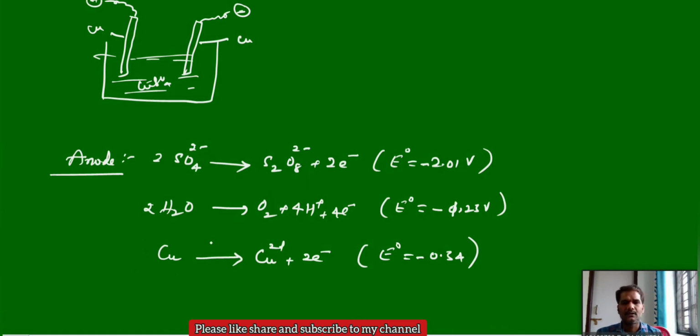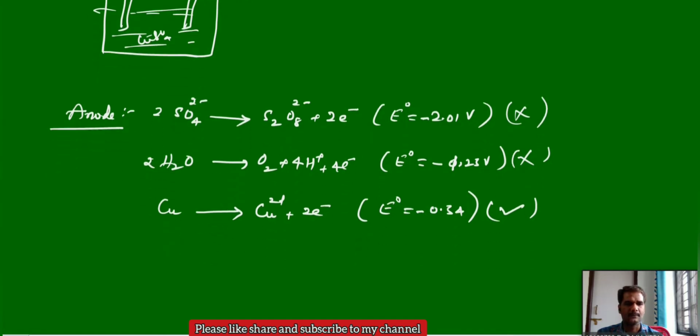As we know, the ion or electrode having the higher oxidation potential value undergoes the chemical reaction. Here, compared with minus 2.01 and minus 1.23, this is minus 0.34. So in this case we have the higher oxidation potential value, and this reaction can take place preferably at the anode instead of the first two reactions. Means, instead of liberating oxygen gas or forming the peroxydisulfate anion, copper can dissolve in the solution and produce Cu2+ ions when you use a copper active electrode.